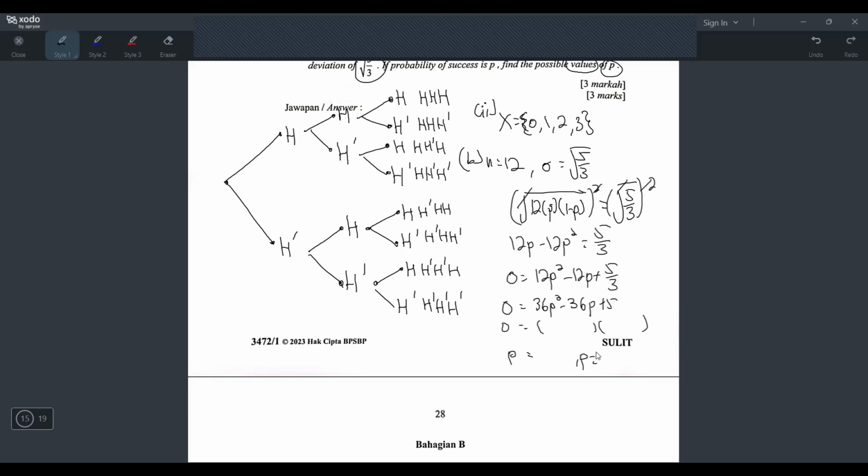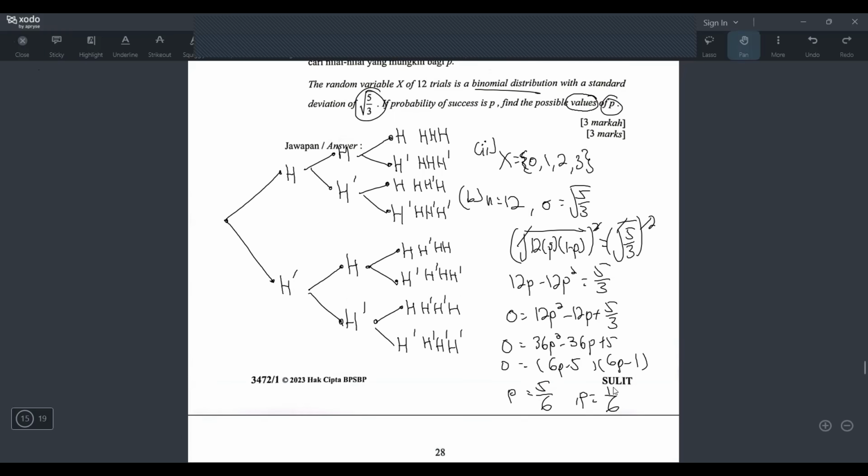What is the a? 36. What's the b? Negative 36. What's the c? 5. My calculator gives me 5 over 6 and 1 over 6. It means both answers you have to include because the question already says there are two answers. So this is 6p minus 5, and this one is 6p minus 1. The question says find possible values, so both p values you have to include.